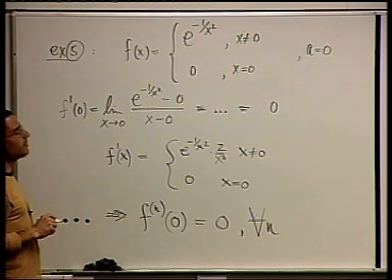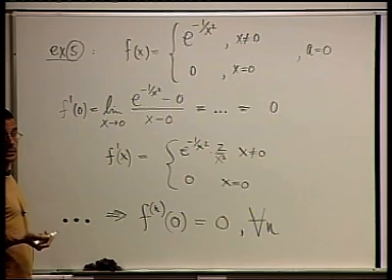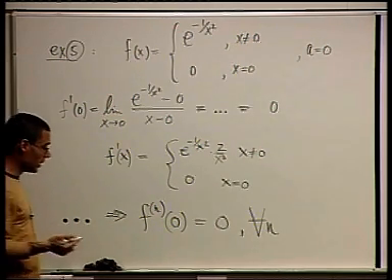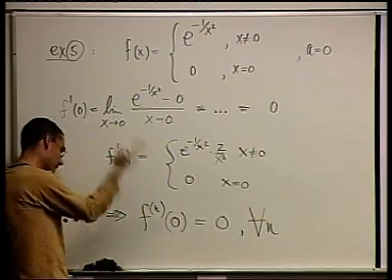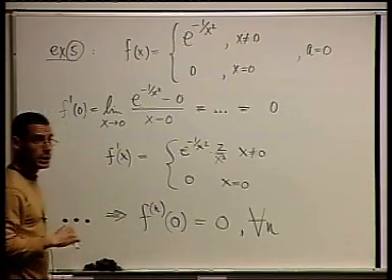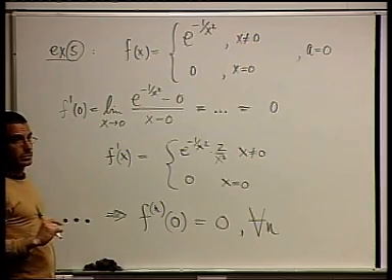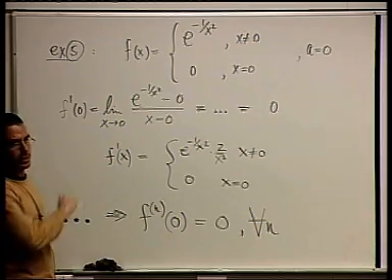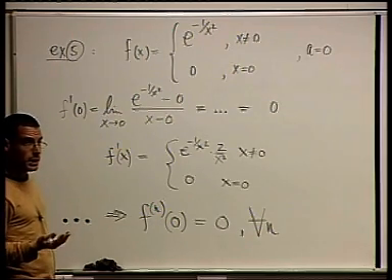What does it mean in terms of the Taylor polynomial? Right. The Taylor polynomial, the coefficients are these things, divided by n factorial. So if these are all 0, the Taylor polynomial is 0. 0 plus 0x plus 0x squared plus 0x cubed, and so on. Do you agree?